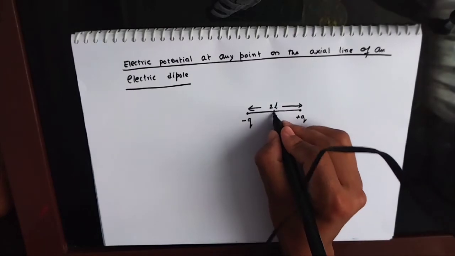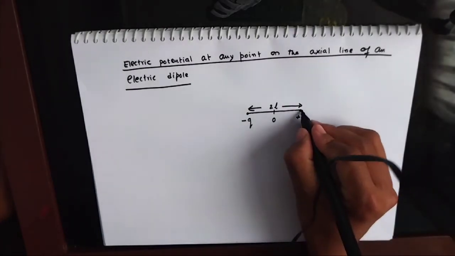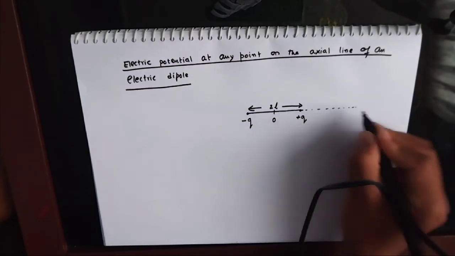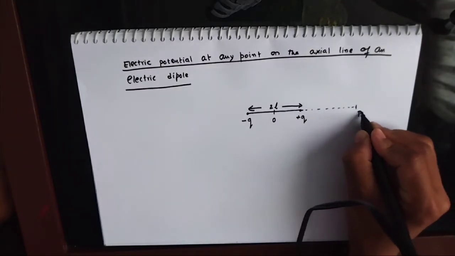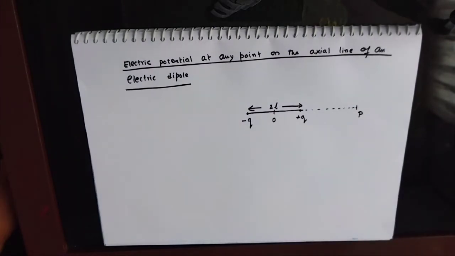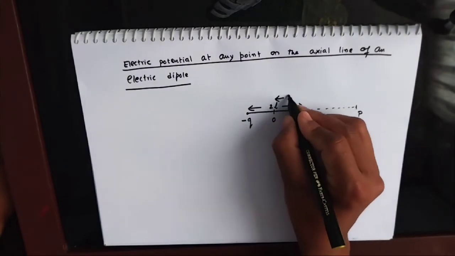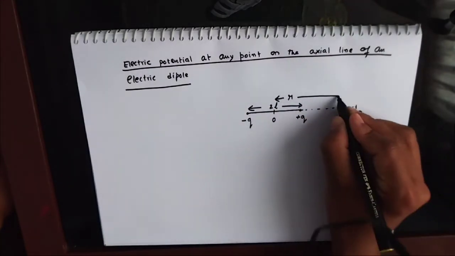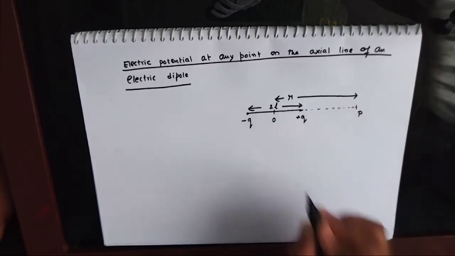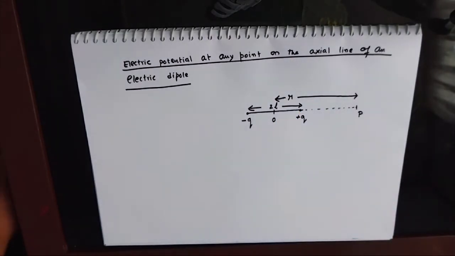Somewhere here is the center of the dipole, and somewhere here is a point P. This point P is on the axial line. Let R be the distance of this point P from the center of the dipole.